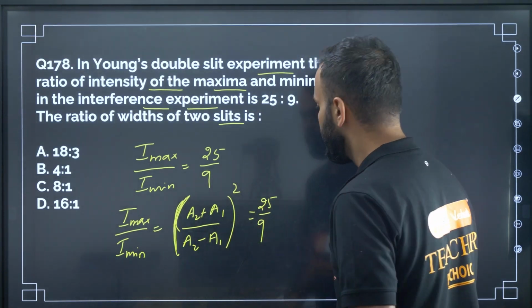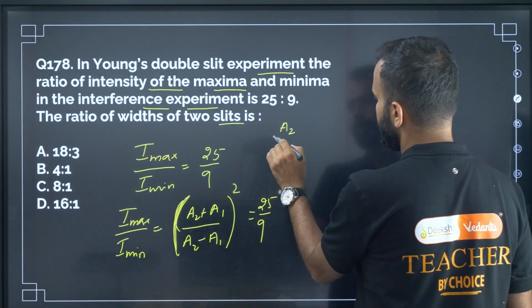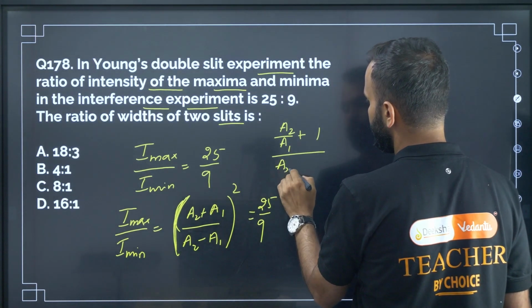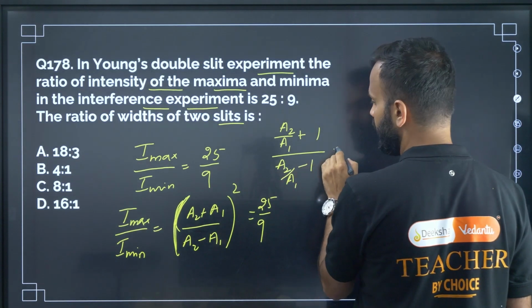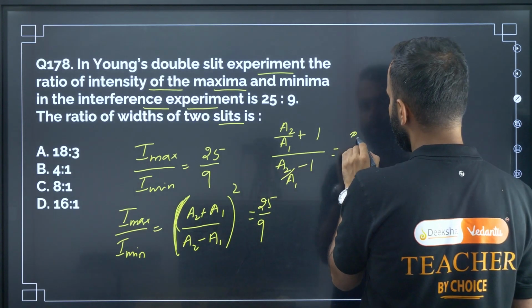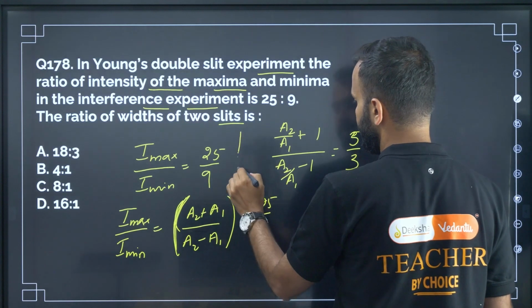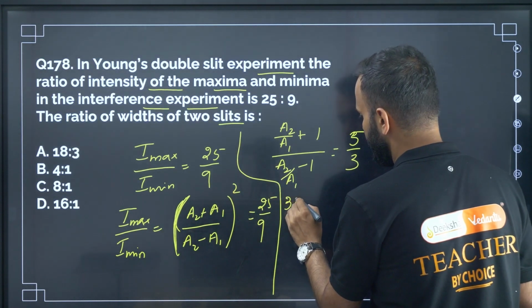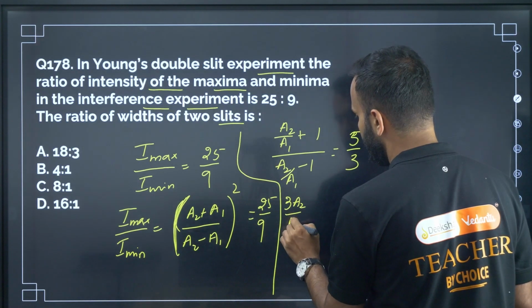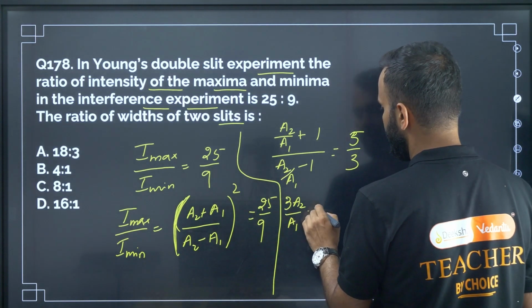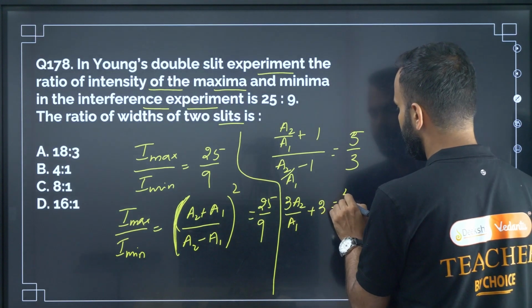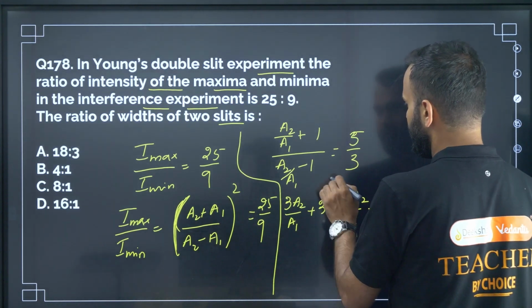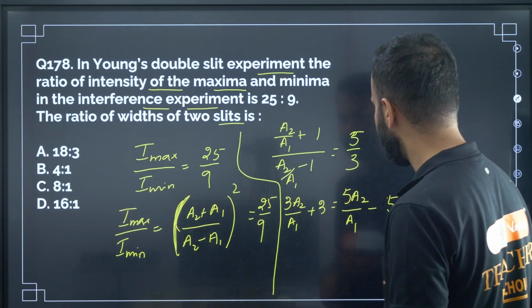So (A2 by A1 plus 1) divided by (A2 by A1 minus 1) is equal to 5 by 3. Then 3A2 by A1 plus 3 equals 5A2 by A1 minus 5.